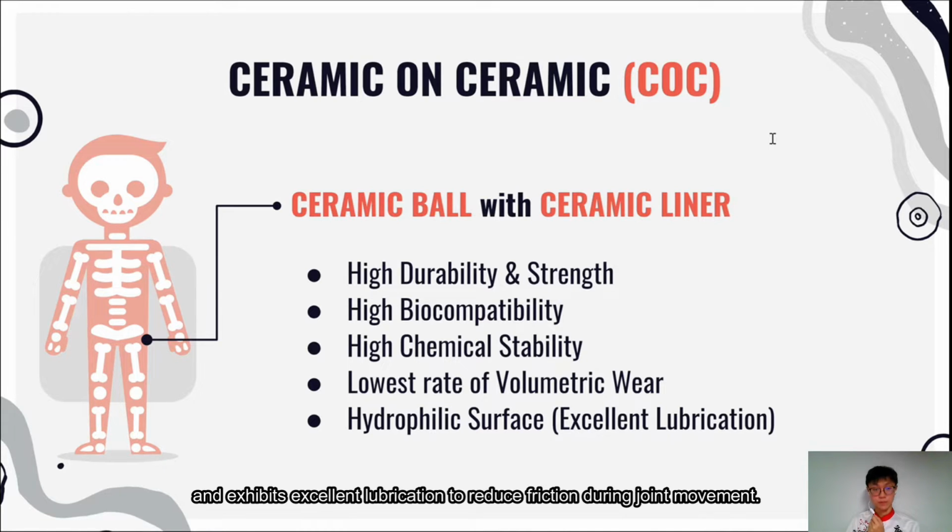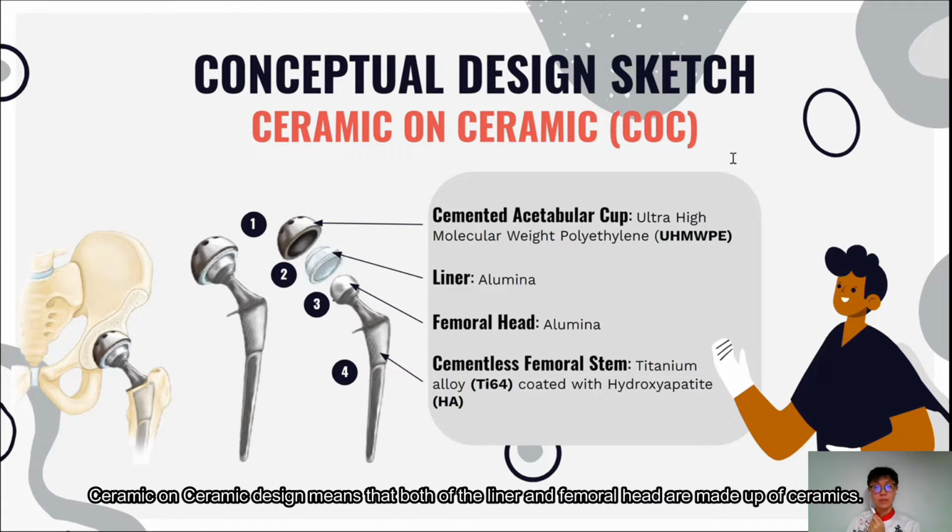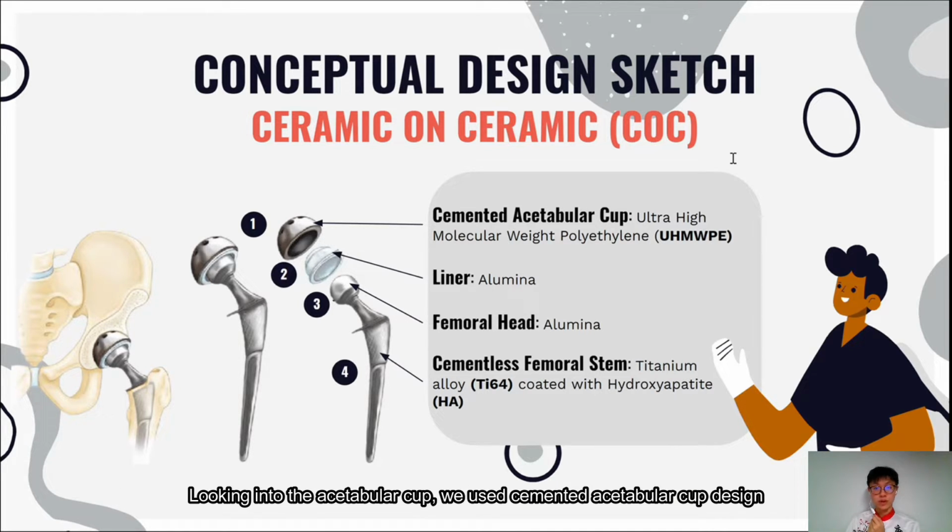A total hip implant consists of 4 main components: acetabular cup, liner, femoral head, and femoral stem. Ceramic on ceramic design means that both the liner and femoral head are made of ceramics. Looking into the acetabular cup, we use a cemented acetabular cup design made with ultra-high molecular weight polyethylene, known as UHMWPE.